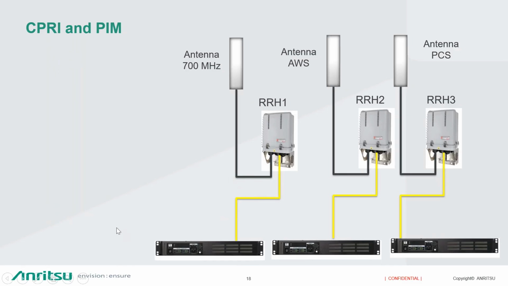So let me go through a little scenario here, and this, again, is a US-centric example. If I've got a tower with a 700 megahertz lower band, higher band, band 14, AWS and PCS, there are a number of different IM products between all of these frequencies that can interact in different uplinks.